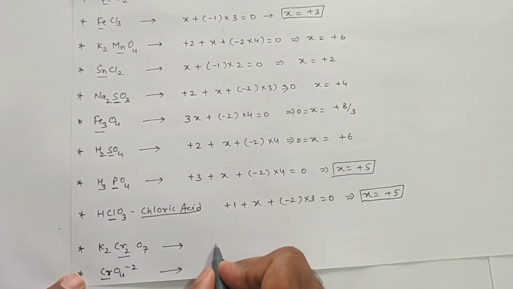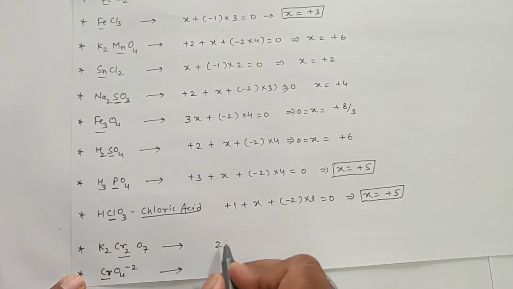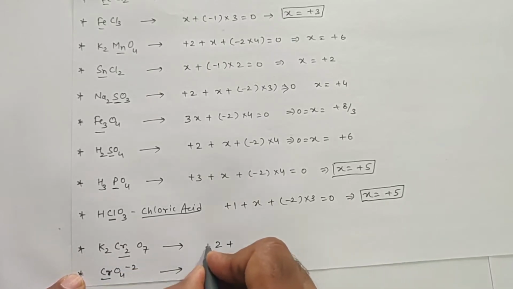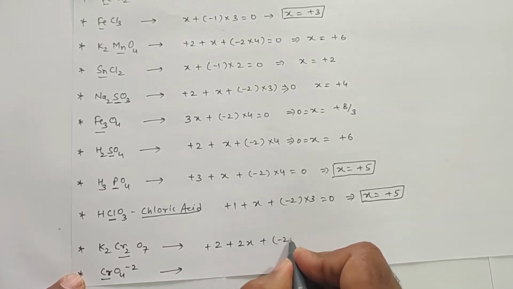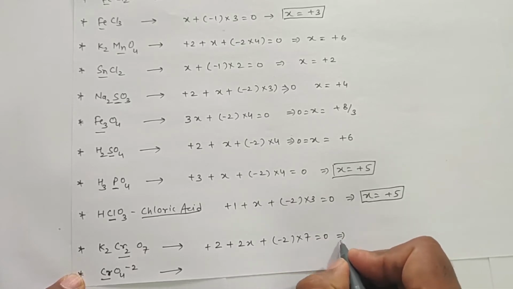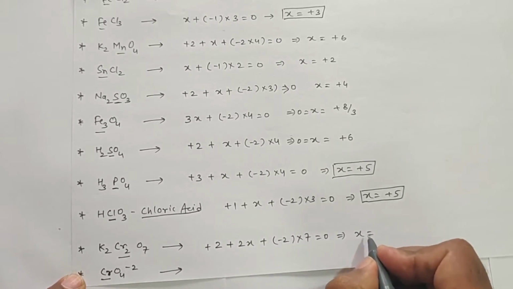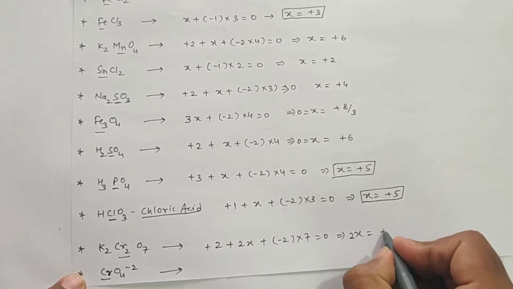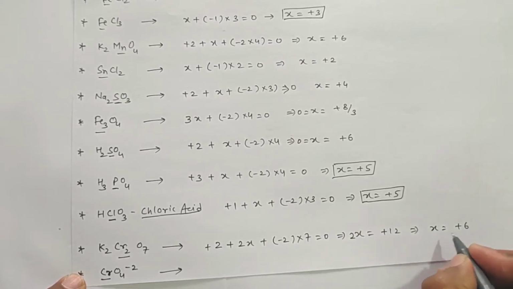K2Cr2O7, potassium being a group 1 element always shows +1 oxidation state. There are 2 potassium atoms, hence +2 plus 2x plus -2 into 7 equals 0. 2x equals +12, hence x equals +6.